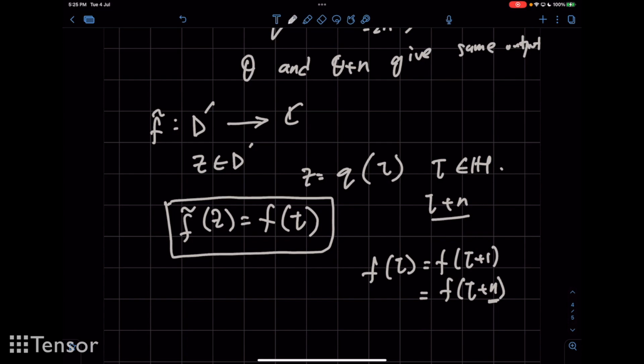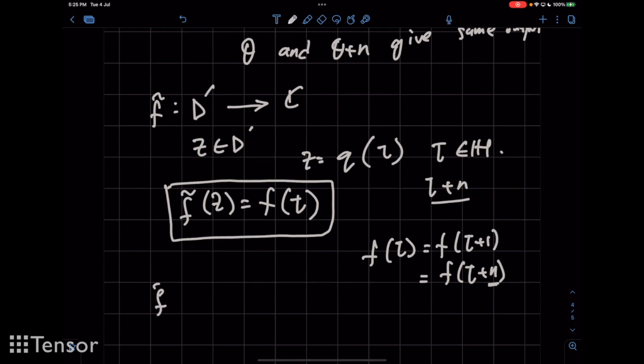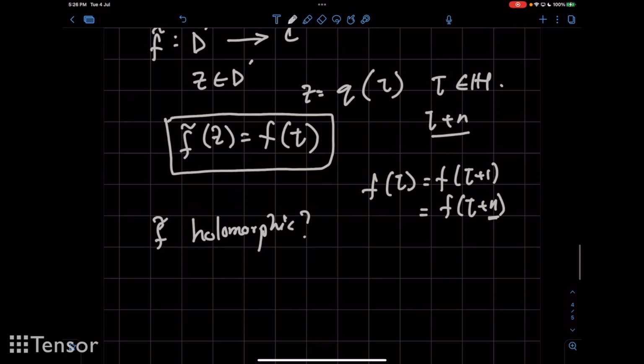Now we need to check whether this is holomorphic or not. In order to check that, we'll take a different path than we've taken before. We are going to compute the derivative explicitly. If we can show that the derivative exists, then we're basically done, because complex holomorphic functions are basically extensions of differentiable functions.